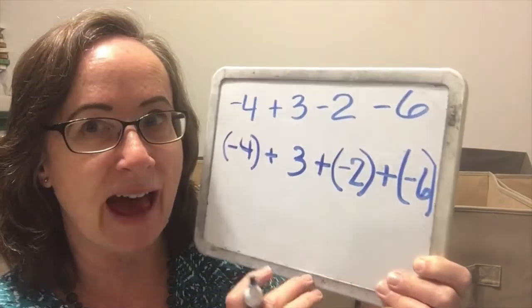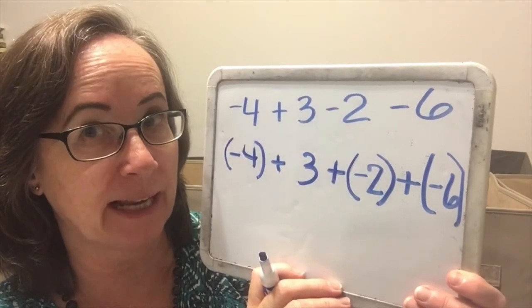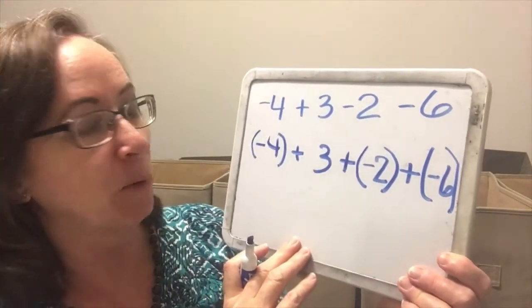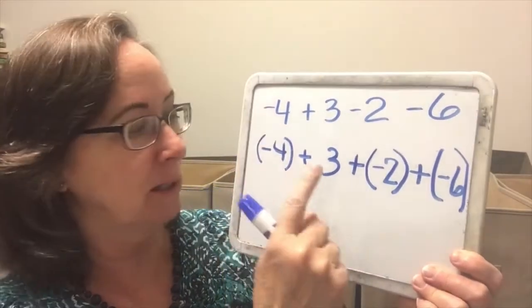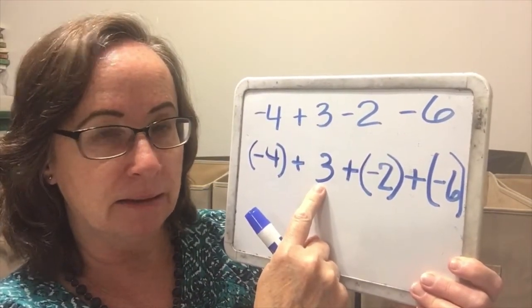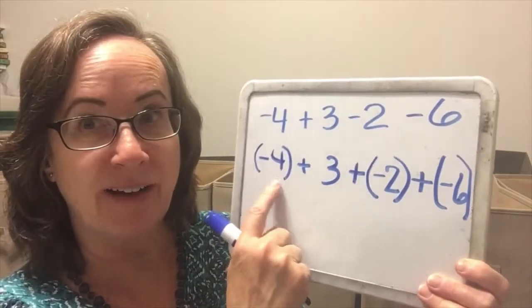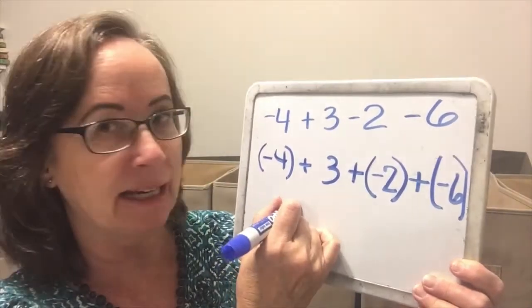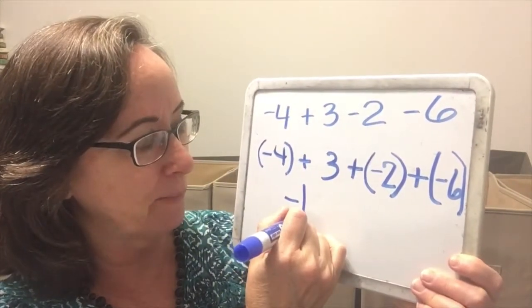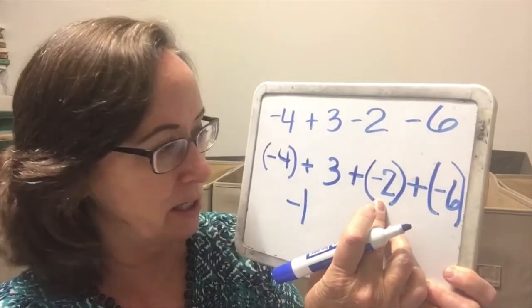Once we do that, the cool thing is it does not matter which order we do them in, as you will see later. All right, but we're just going to do these left to right. And we're going to say negative 4 plus 3. Opposite sign, subtract, take the sign of the greater. The greater valued number is negative. So we're going to say a negative 4 plus 3 is negative 1. And then we're going to take that and add it to the negative 2.